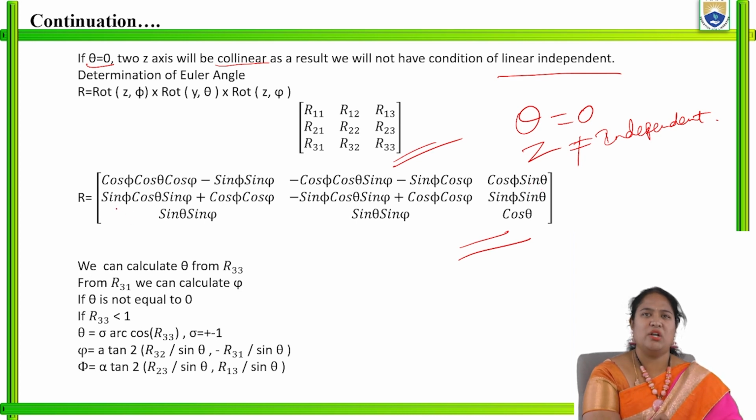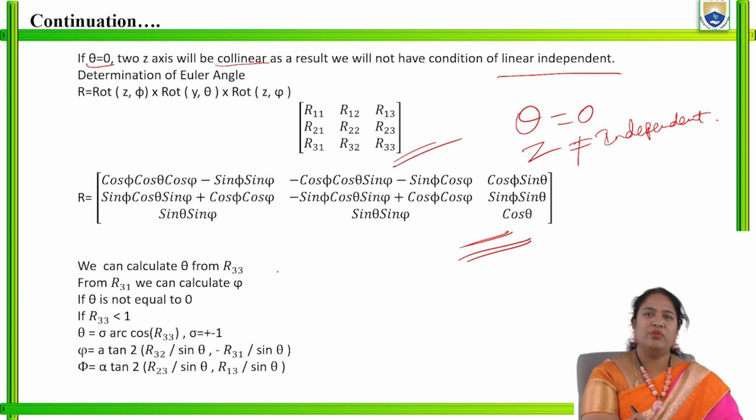Next, coming to R21, we get sin phi cos theta cos psi plus cos phi sin psi. R22 is written as minus sin phi cos theta sin psi plus cos phi cos psi. This will be the overall 3 by 3 matrix.